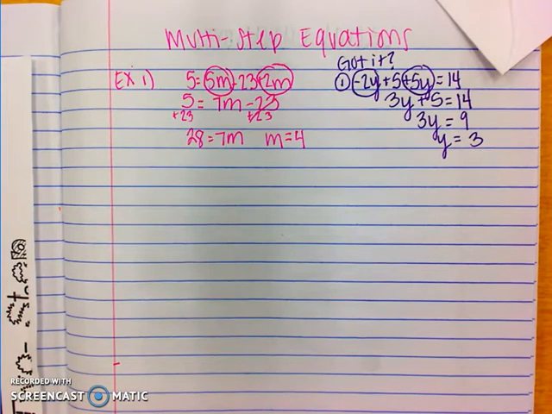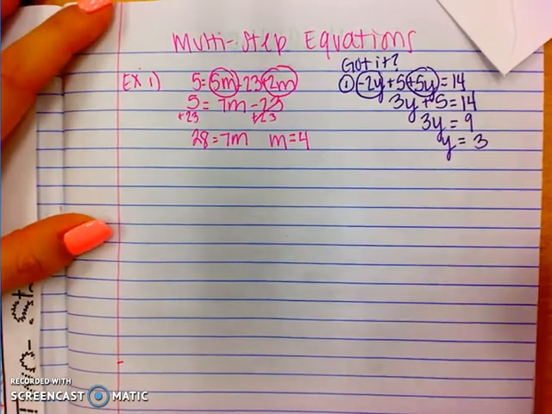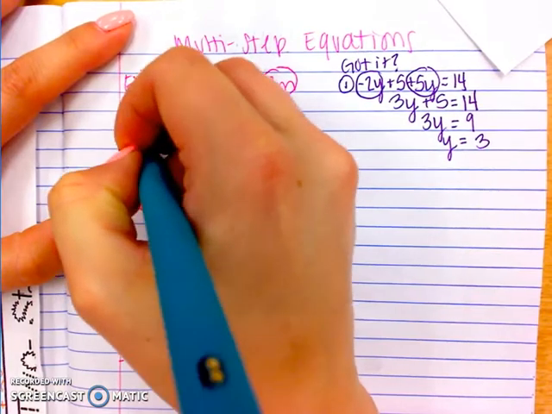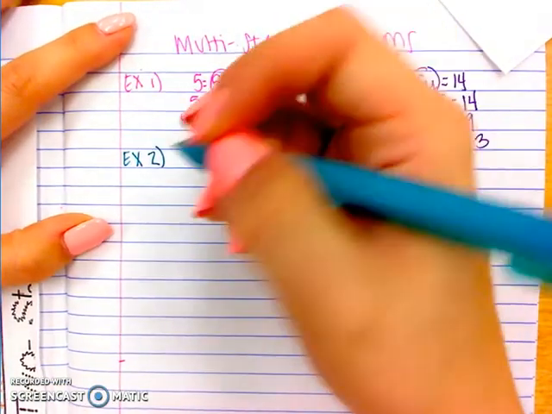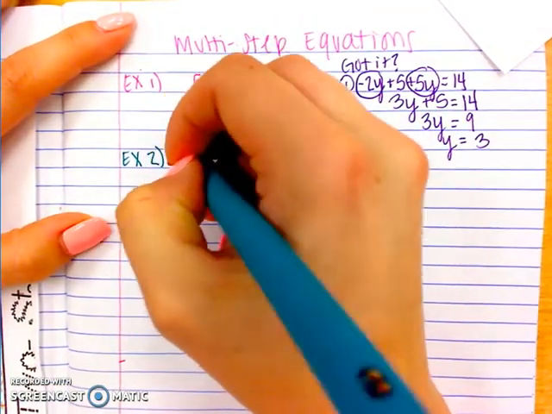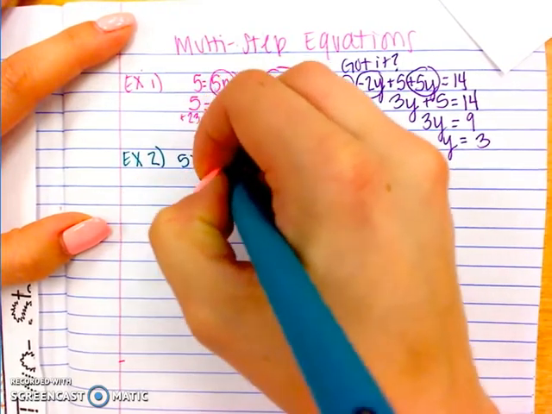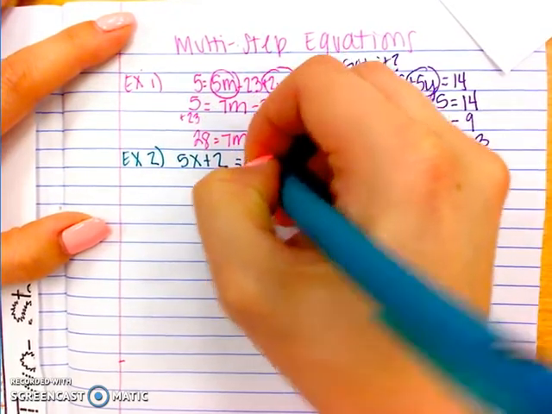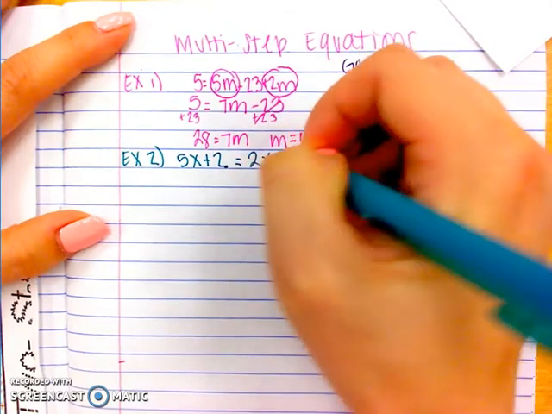So then the next one that we're going to do is 5x plus 2 equals 2x plus 14.